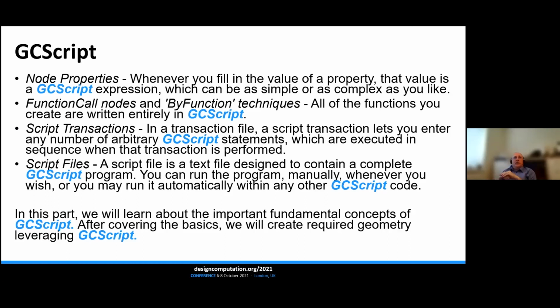The script is a text file. Whenever you create a node graph, a node in a DGN file, it's written inside that DGN file, so you can transport it with that DGN file.